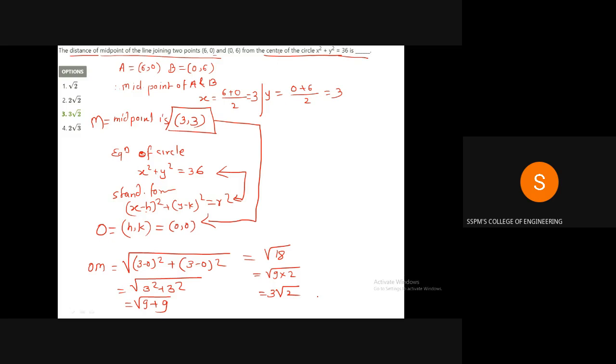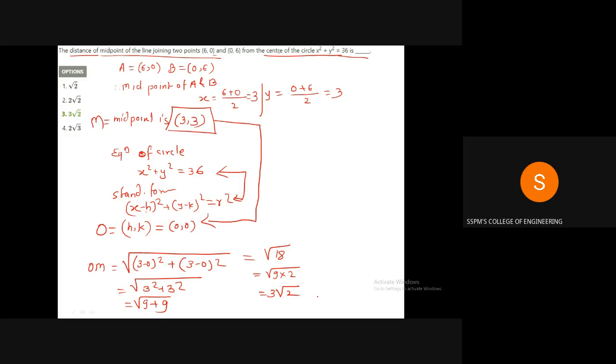Okay, 3 root 2. So that is the correct option here. First we found the midpoint of the line joining the two points (6, 0) and (0, 6). Suppose this is our line and this was our circle. This point was given, this point was given, and then we were asked the distance between these two points.